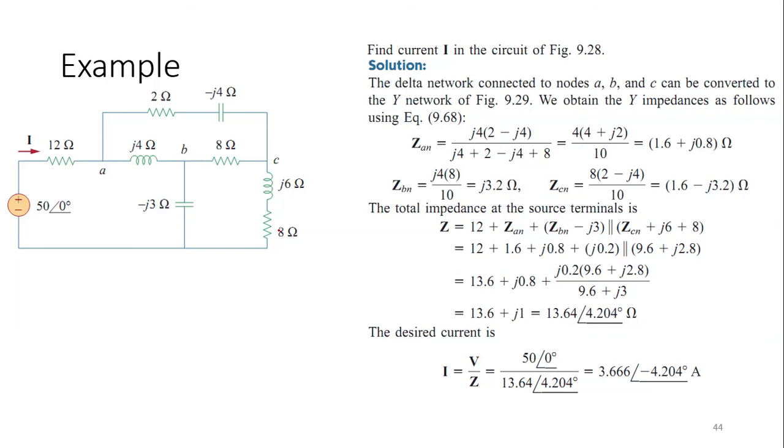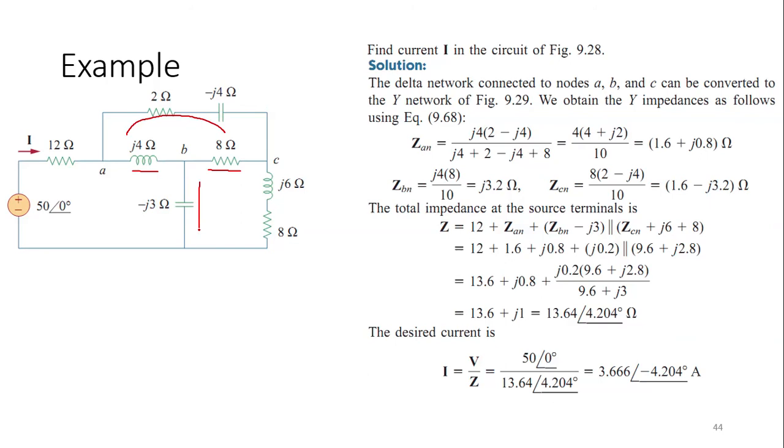In this example we can see that there is a Y network among nodes A, B and C. This branch and these branches combine to make a delta, or A, B and this branch make a Y combination.